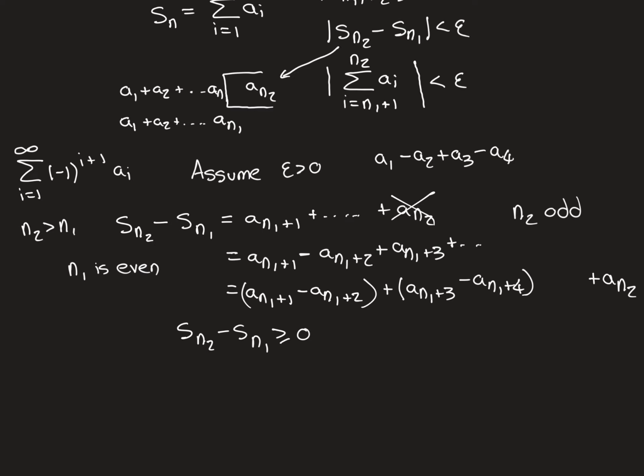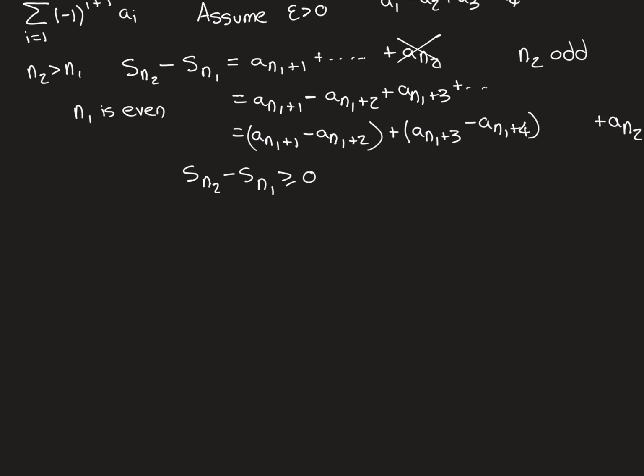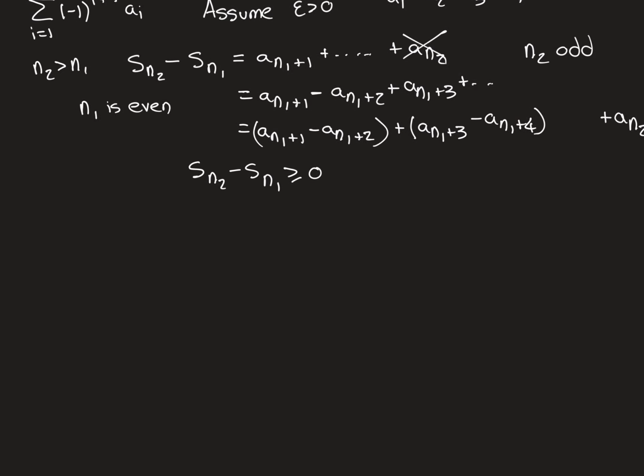Now we can conclude something else about S_n2 minus S_n1. We can bound it above as well. So we're going to put another inequality here, and this is how we're going to do that. So S_n2 minus S_n1, let's write it out again. It's equal to, and we're still making the assumption at the moment that n1 is even, so that the first term we've got here is a positive term.